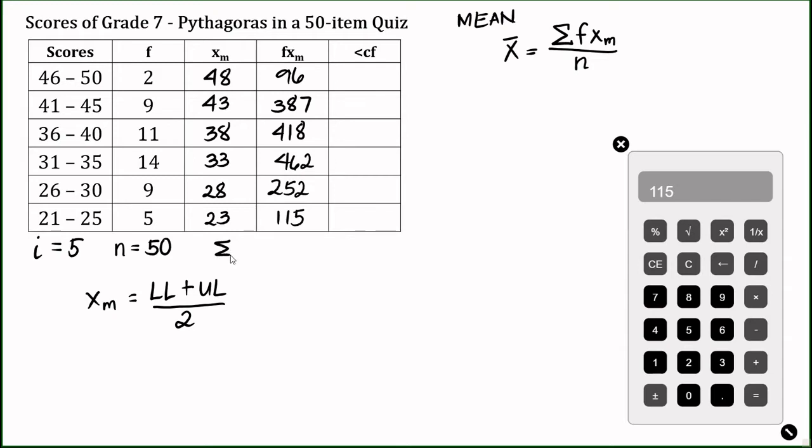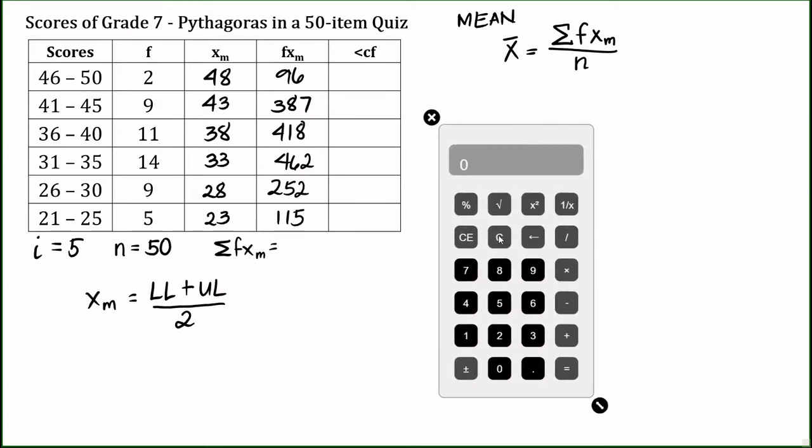So, the sum of fx sub m is equal to, so, ang gagawin po natin ay i-add natin lahat ng ito, 96 plus 387 plus 418 plus 462 plus 252 plus 115. So, ang sum po niya ay 1,730.